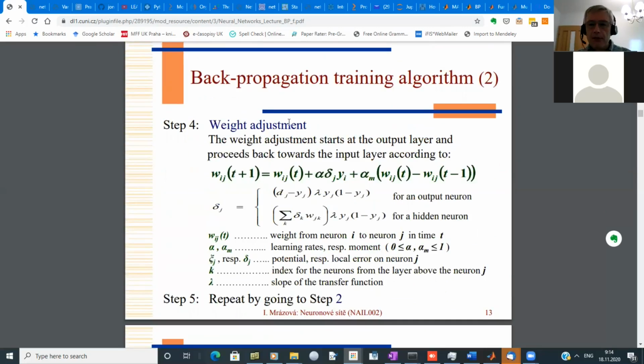And the backpropagation algorithm works in the following way. It adjusts the weight values.